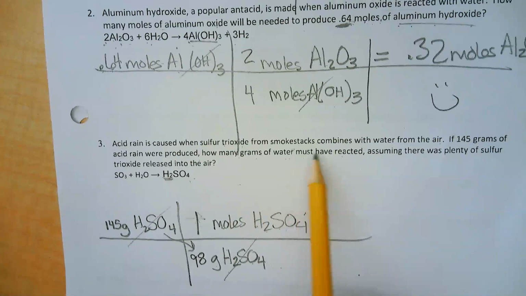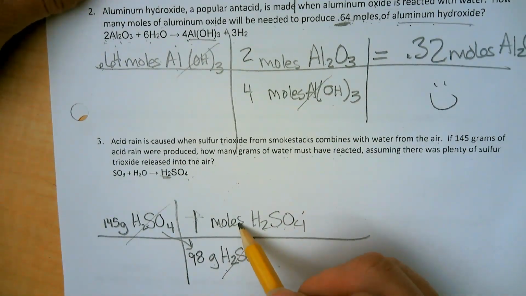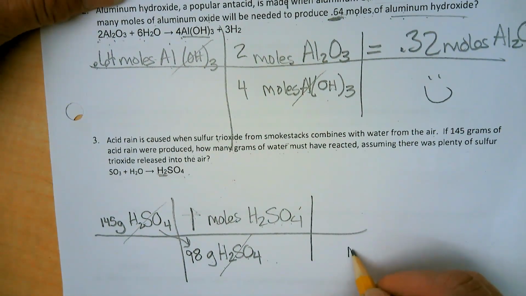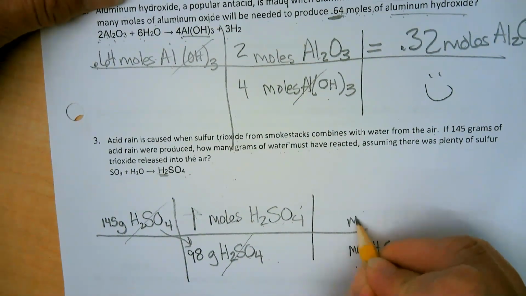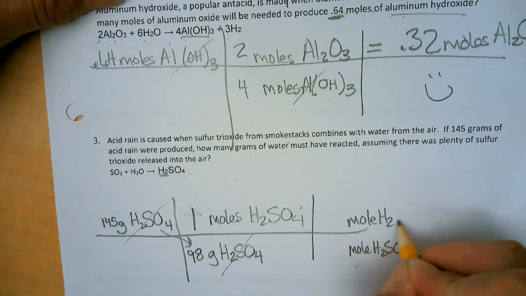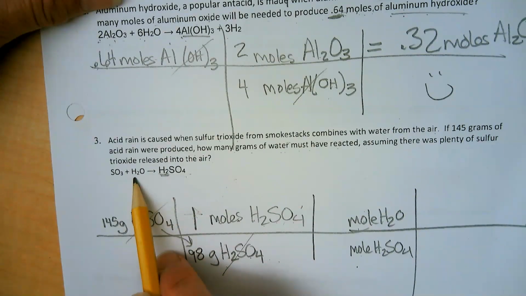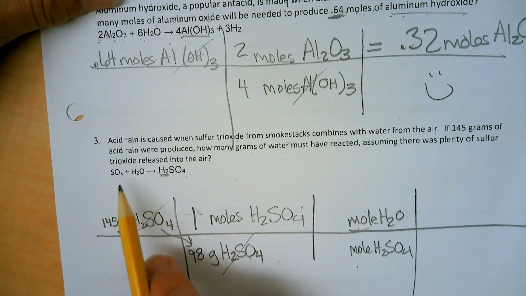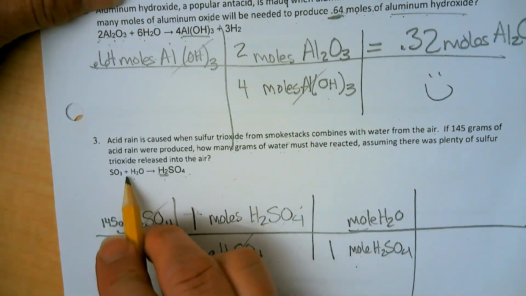How many grams of water? Oh, shoot, we've got to switch to water. Well, we made it to Moleville, so let's do mole to mole. And we want water. The only way to get somewhere is to use mole to mole. So, let's double check that this is balanced. So, there's 1 mole of this for every 1 mole of that.